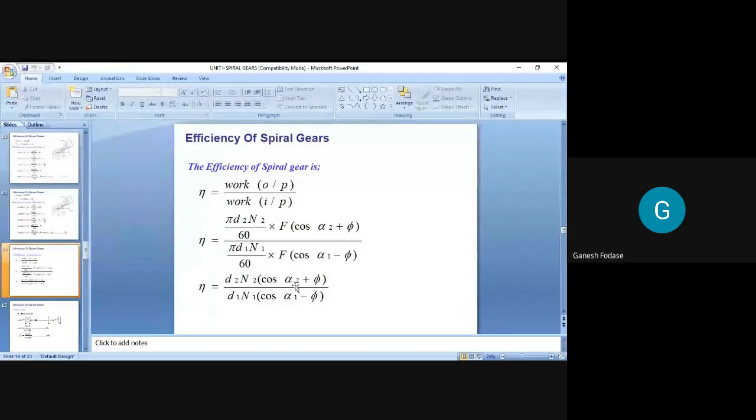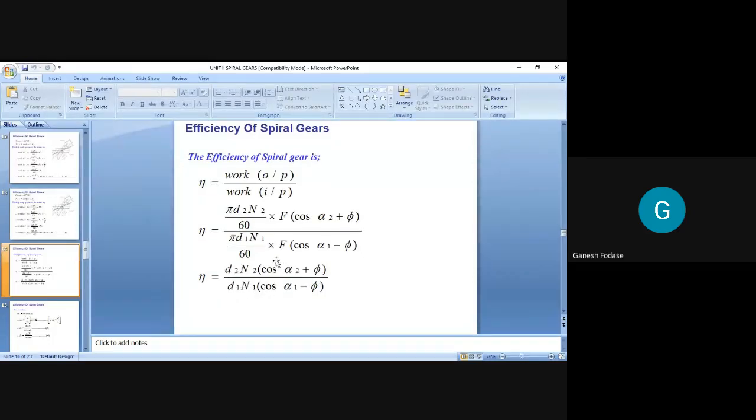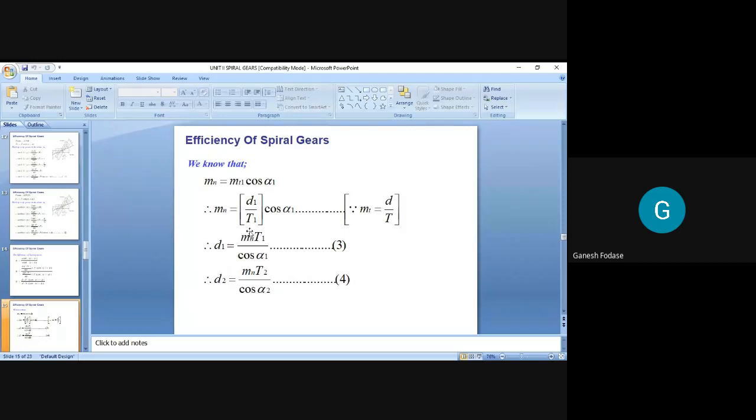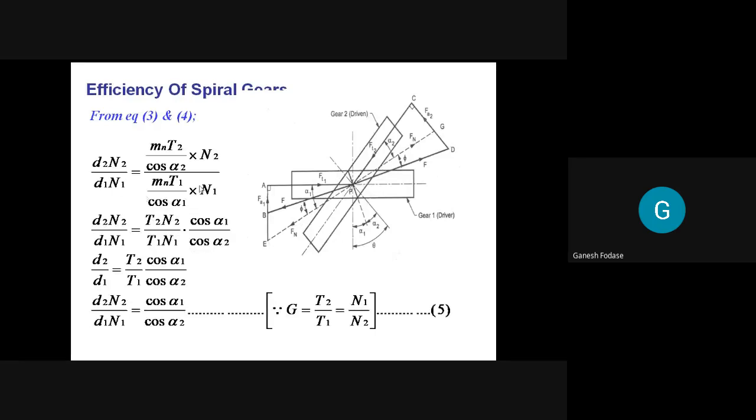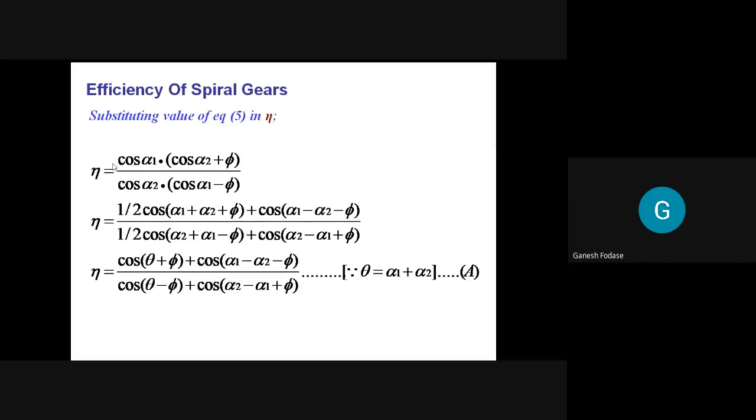So here we also find out d2n2 upon d1n1, and to find out d2 and d1, we just use this expression. So simply, we can determine d2n2 upon d1n1, it is equal to cos alpha 1 upon cos alpha 2. If I put this value in the previous expression, then we get this expression. So it is one of the important equations for efficiency.